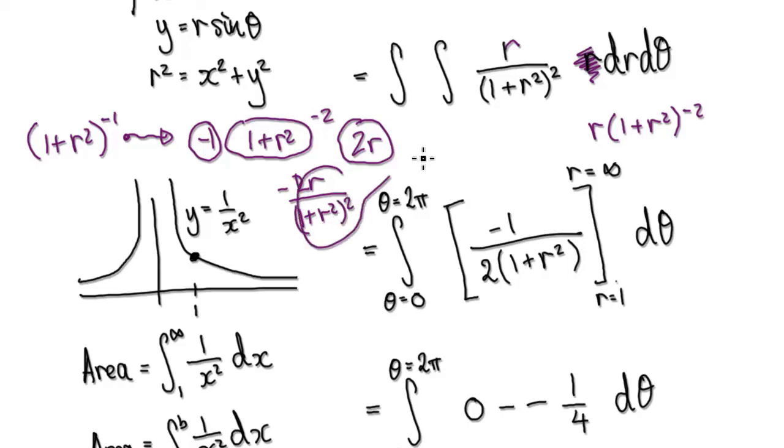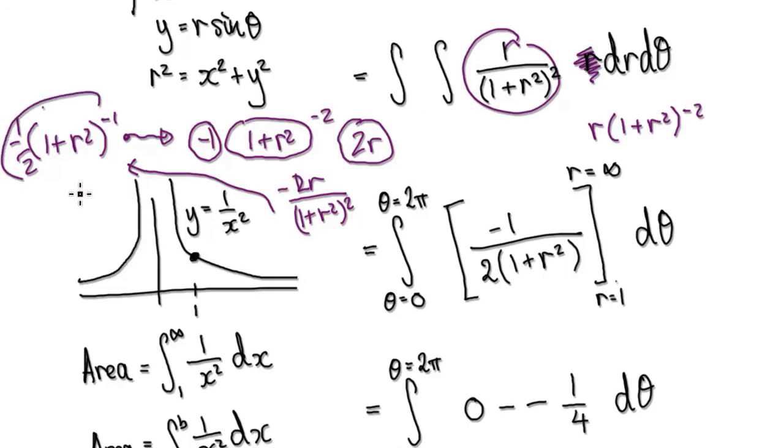You see, this matches up with this. The only difference is that you've got a -2 here. So go back, negate the negative by sticking a negative in there, and negate that 2 by sticking a half in there. So when you integrate this, it will then give you this thing here.